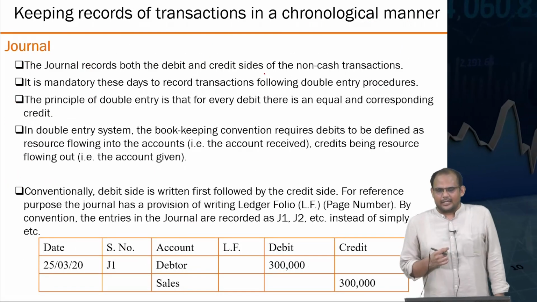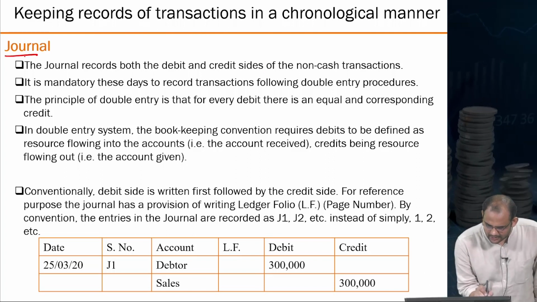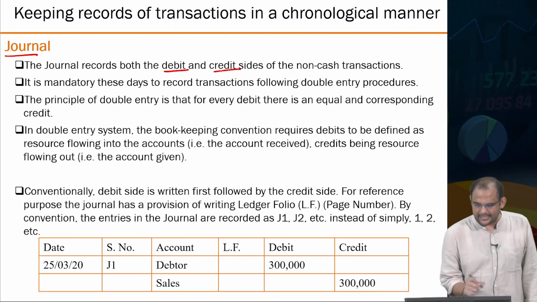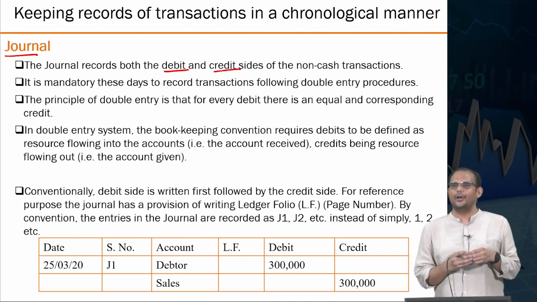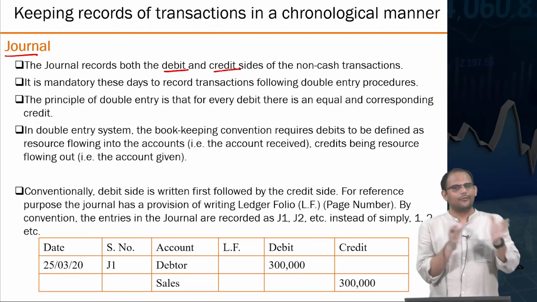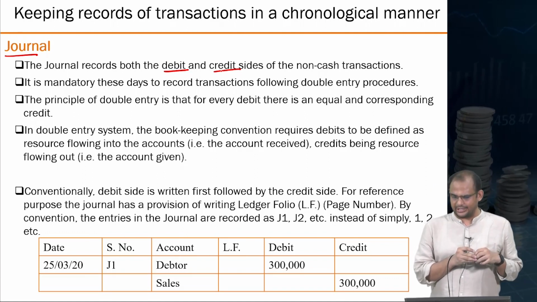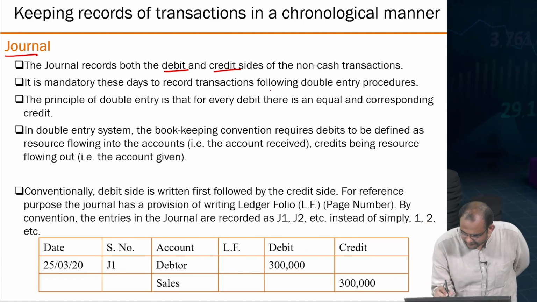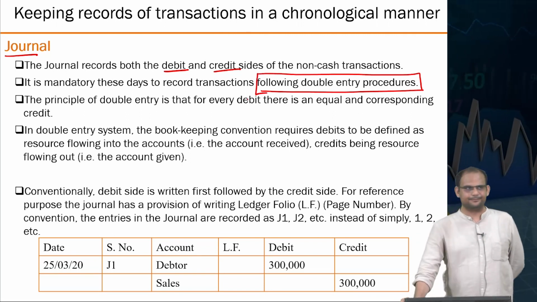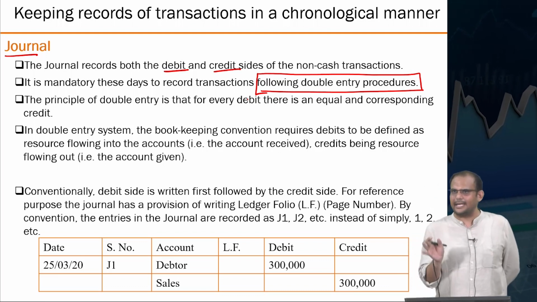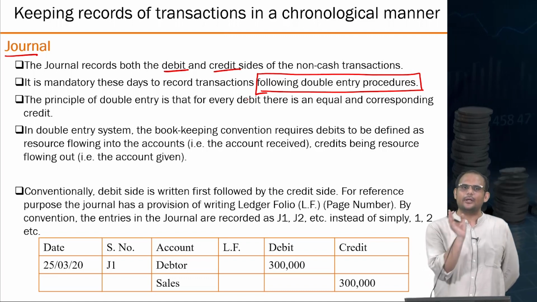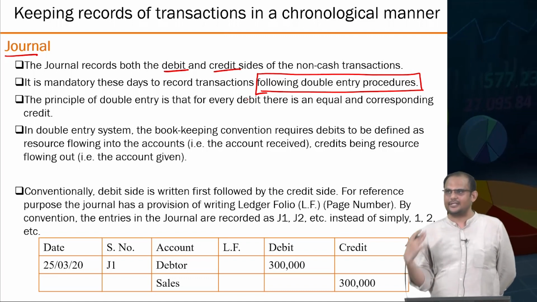Okay. So the cash book I've shown you, there's something called a journal, and even in the journal there are both sides, the debit and the credit sides, and this is usually for non-cash transactions. For cash transactions you maintain a cash book, for non-cash transactions you maintain a journal, and you have to have something called a double entry procedure. What double entry procedure means is that there cannot be a transaction with only a debit side or only a credit side.